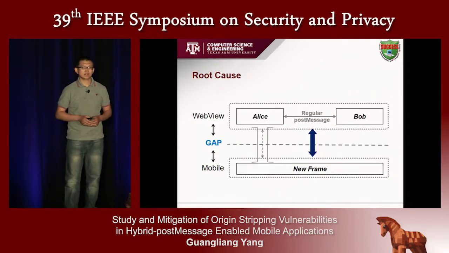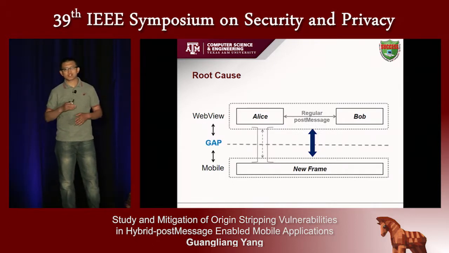This issue is rooted in the gap between the mobile platform and the web platform. Also, some bridges are provided to mitigate the problem, but it is very difficult and challenging for developers to transfer the origin information safely.